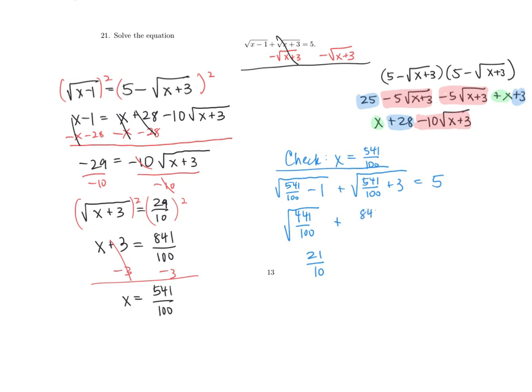So that's going to be 841 over 100. Square root of 841 is 29. Okay, so 21 plus 29 is equal to 50. And 50 over 10 is 5. That does equal 5, so it checks. So here is our solution for that one.